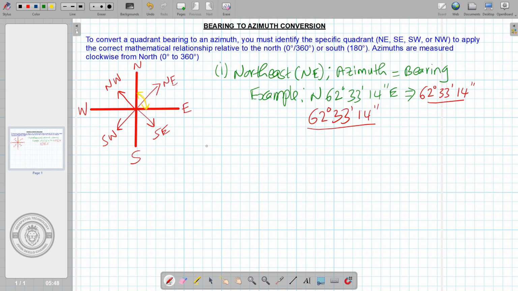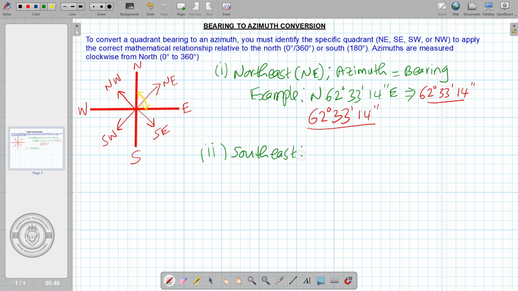Now rule number two of the conversion rules of quadrants, that is southeast.